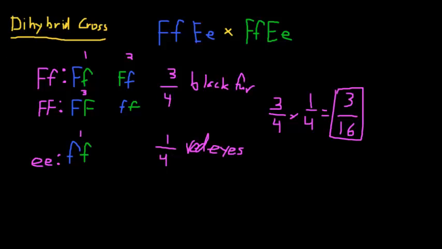So another approach would just be to see, well, for it to have black fur, the probability of our offspring being homozygous dominant, there's a 50% chance here and a 50% chance here that it gets dominant and dominant.